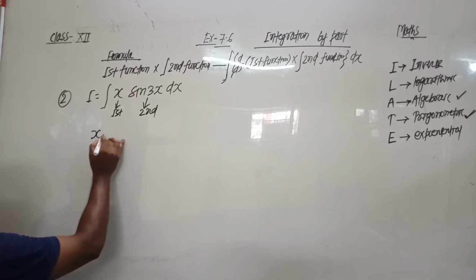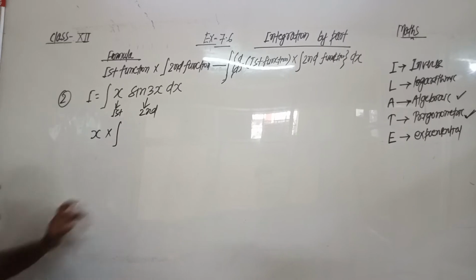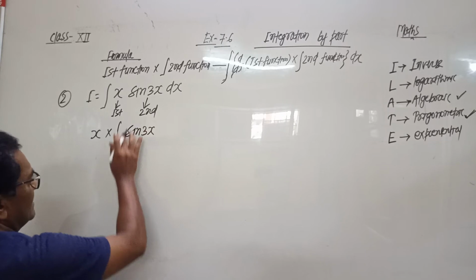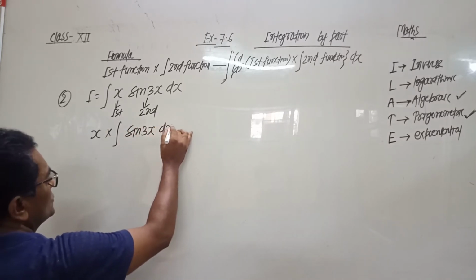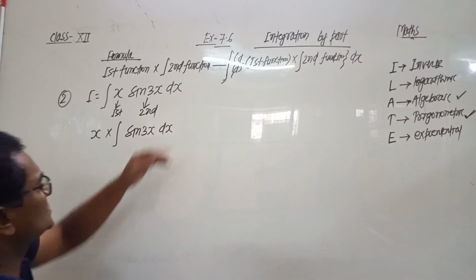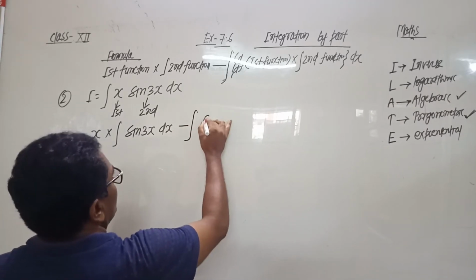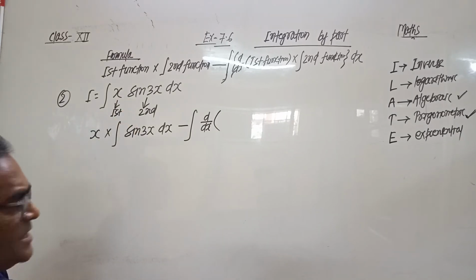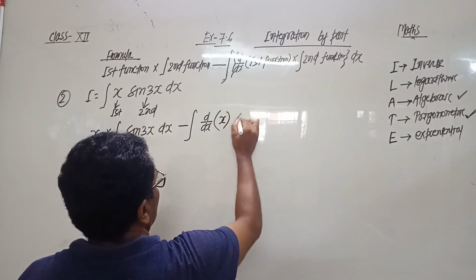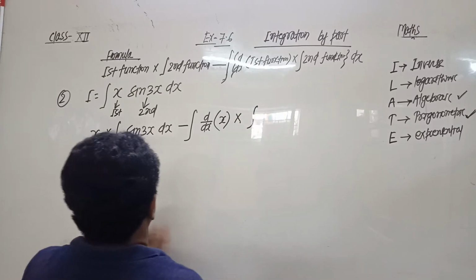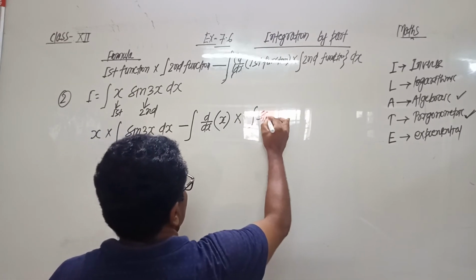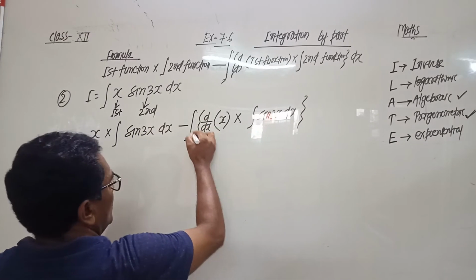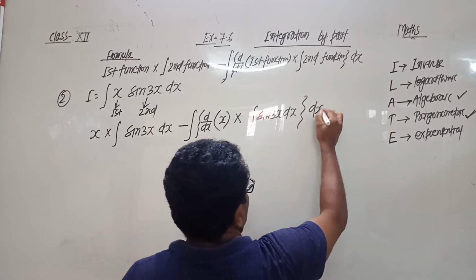First function means x into integration of second function, and the second function is sin 3x, and there is the integral sign, so we will have to use dx minus integration d by dx of first function, and the first function is x into integration of second function, and the second function is sin 3x dx, and for the whole integral this is dx.